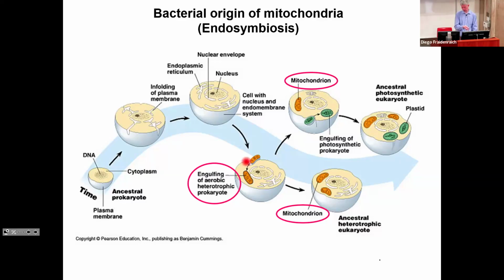But overall, the precursor was a bacterium. Most of the DNA from this precursor bacterium was transferred to the nucleus. And what you can see now in our cells is that most genes are encoded in the nucleus. Most mitochondrial proteins are encoded in the nucleus.